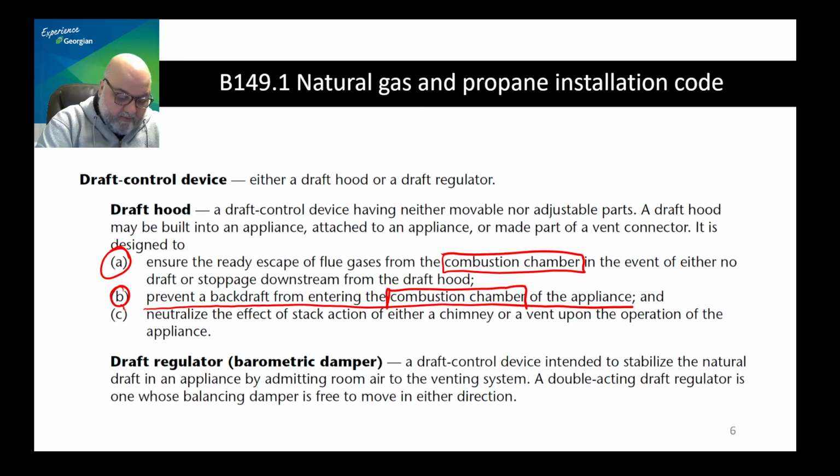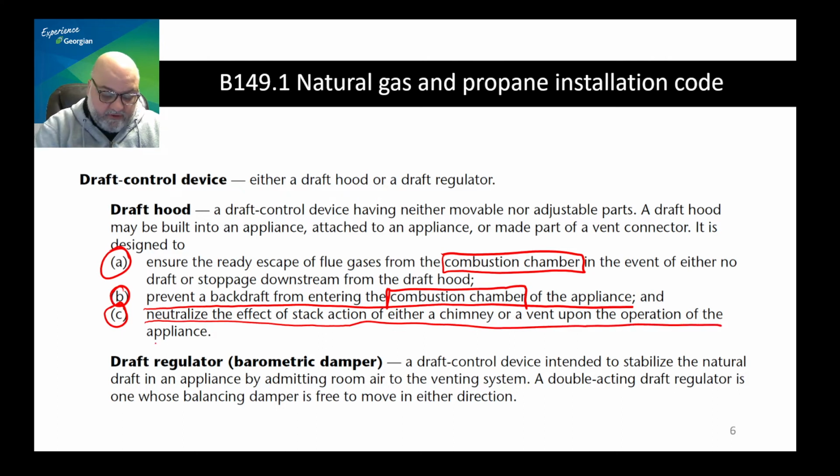The third main responsibility or job or function of the draft hood is to neutralize the effect of stack action of either a chimney or a vent upon the operation of the appliance. And stack action is a result of stratification of air, going coldest at the lowest point and hottest or warmest at the highest point.